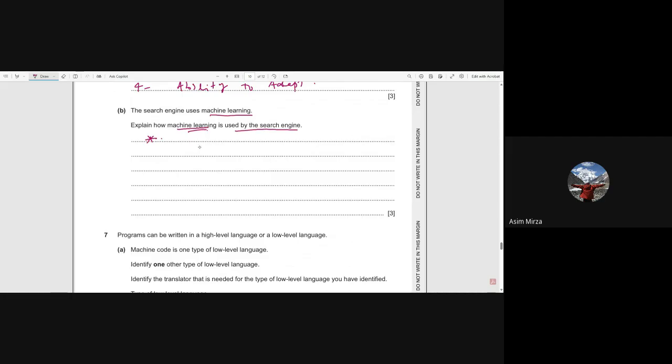It uses rules, and it can change the data according to results or feedback.